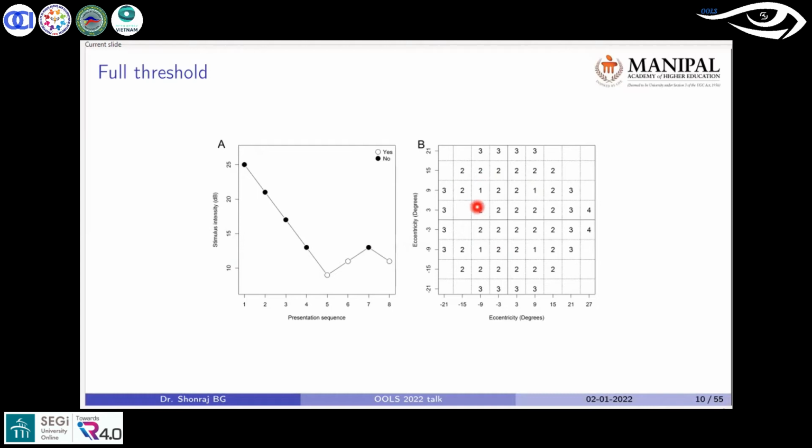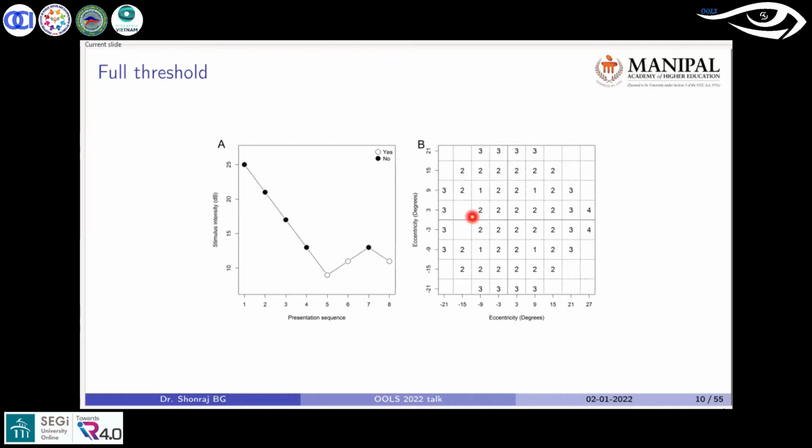For the locations marked 2, the starting point of the staircase is the threshold value obtained from the 1 locations. For example, if at one location I got a threshold value of 11 decibel, then 11 decibel is taken as the starting point of the staircase for the locations marked 2. Similarly, for locations marked 3, the starting point of the staircase is taken from the locations marked 2. Similarly, for the locations marked 4, the starting point will be taken from here.